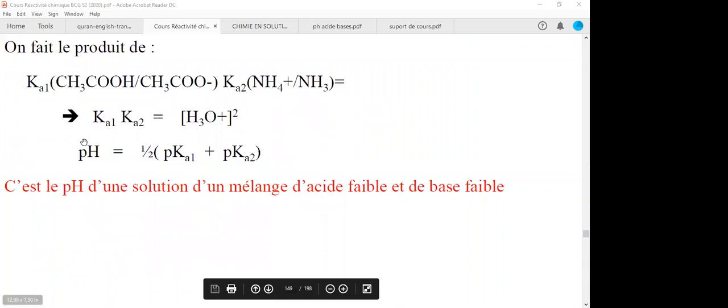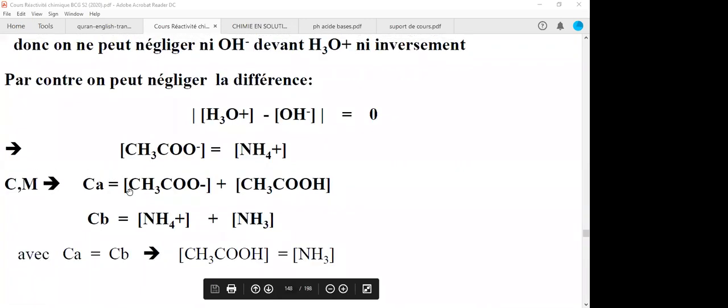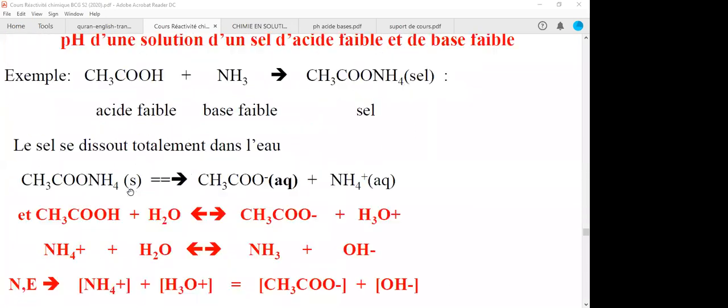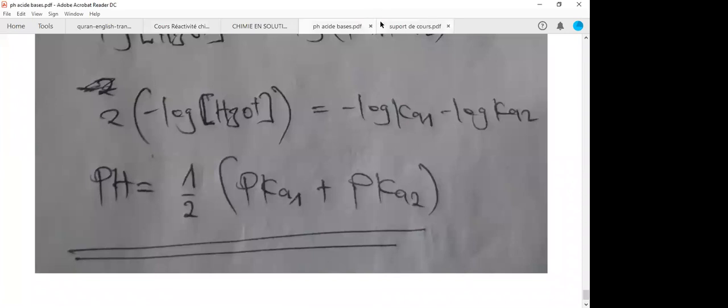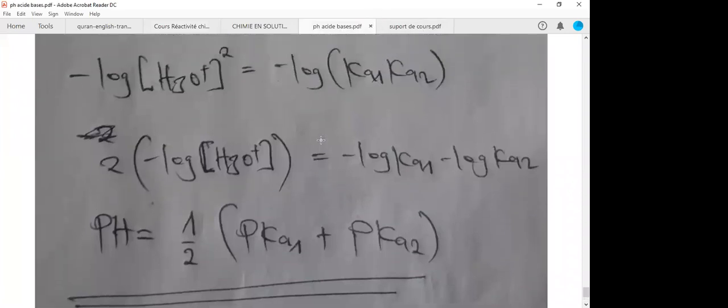So we take the products. Here, for the decomposition, we can write the constant of this decomposition. I think I wrote this somewhere. Just a minute.